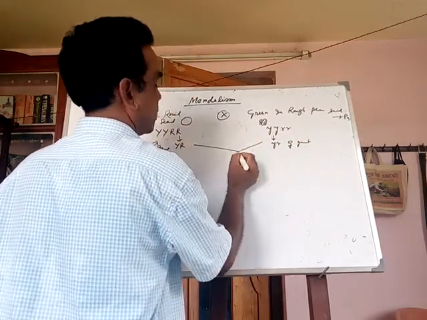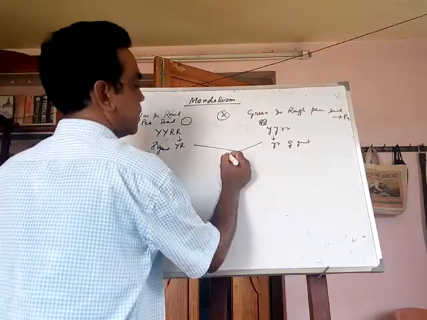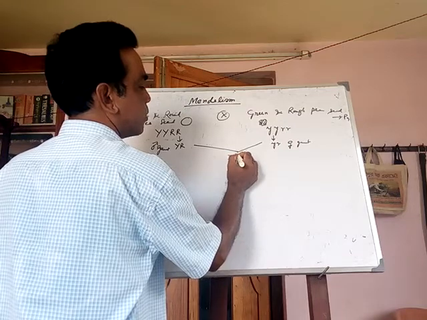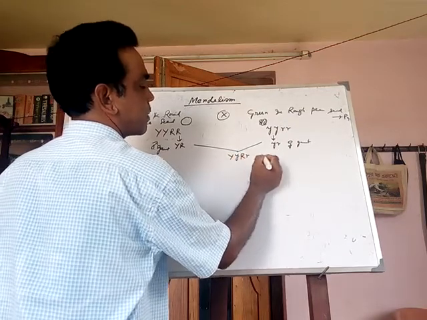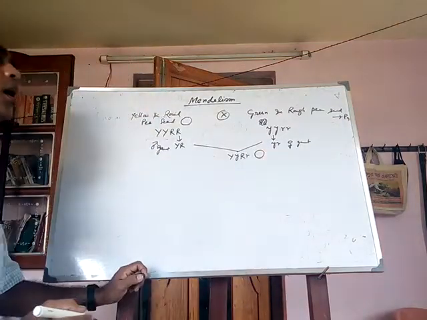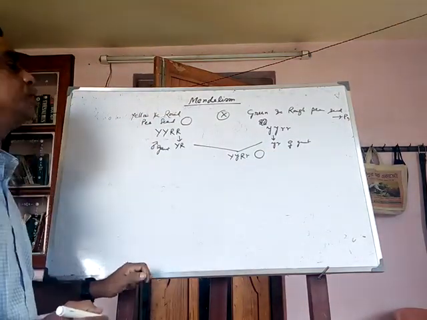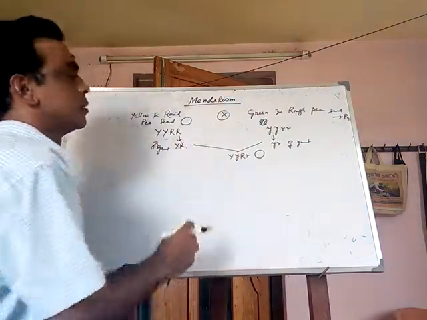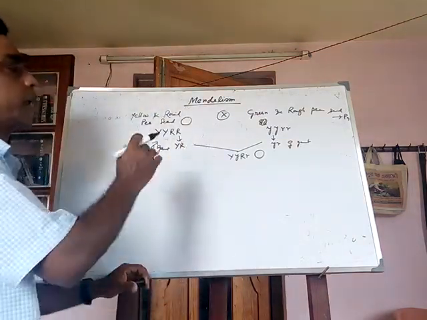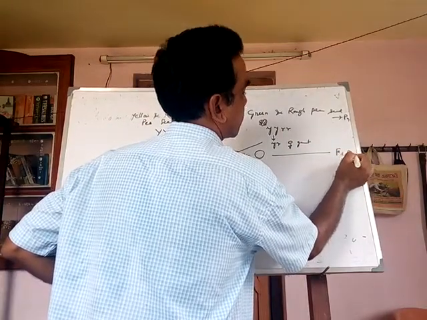And for the fertilization, this is mixed and produces zygote, that is capital Y, small y, capital R, small r, that is the hybrid of yellow and round seeded plants, that is F1 generation.